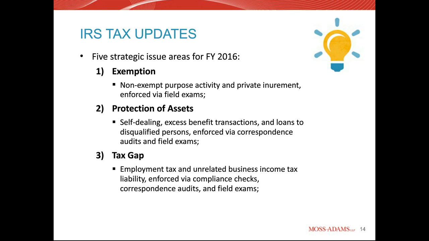So they know that they're not getting the taxes that they think should be paid, and it's fine if you have to pay that as long as it doesn't take over your whole organization. They're also going to be looking at this through compliance checks, correspondence audits, and field examinations.